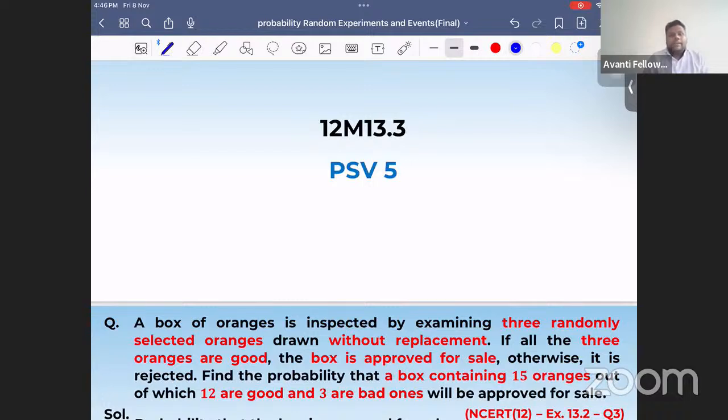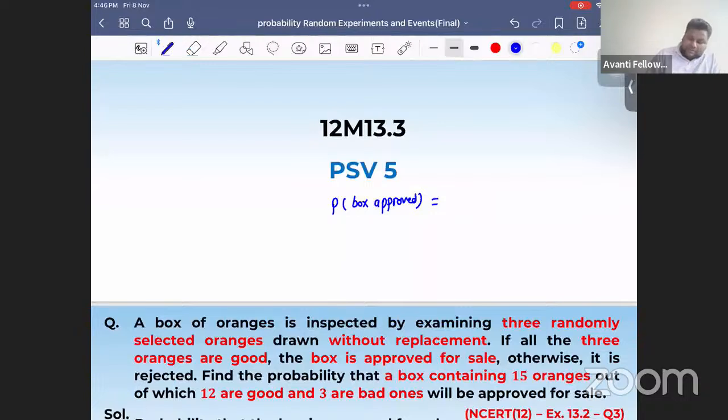Getting my point? That means even if one orange is not good, they will reject the box. Correct? So the probability that the box is approved for sale is what?